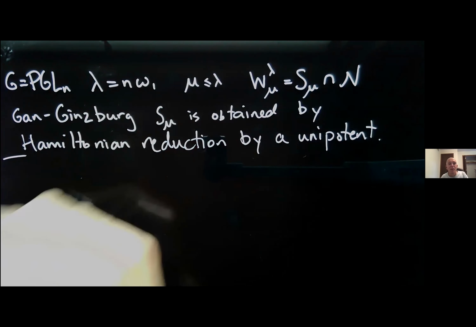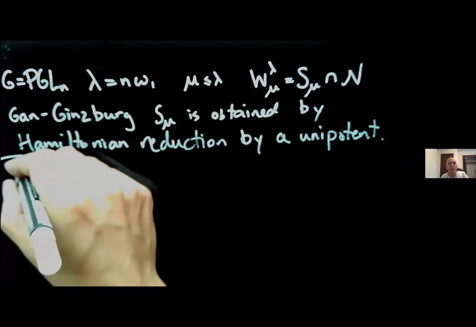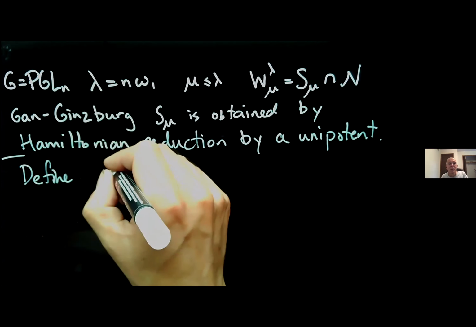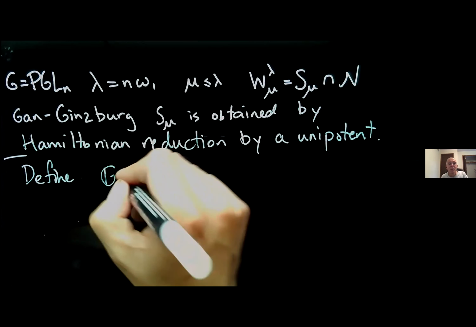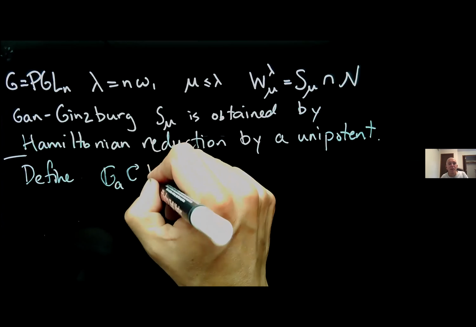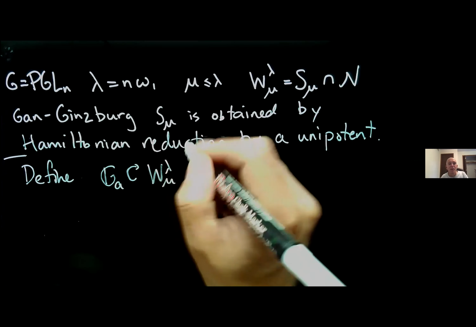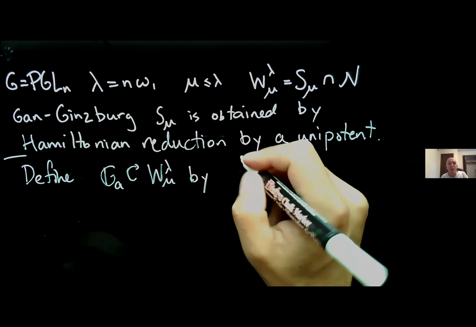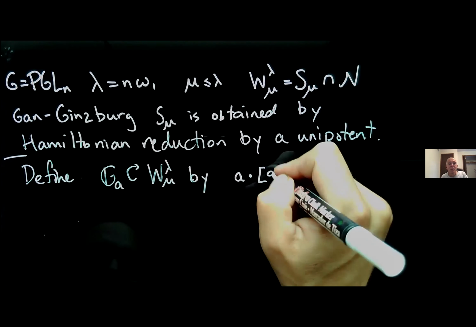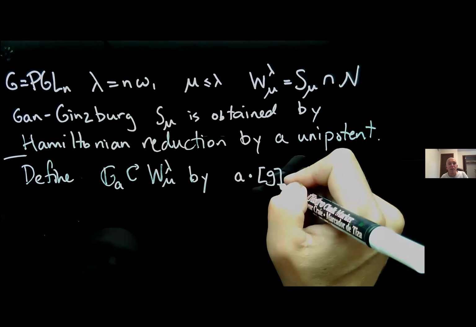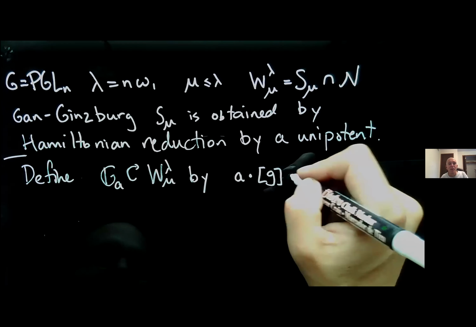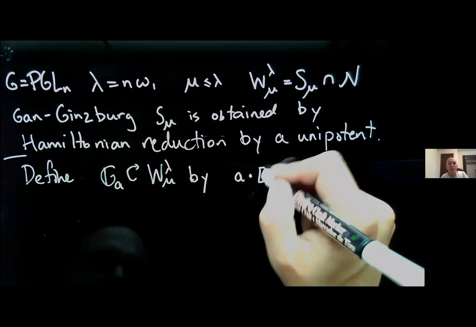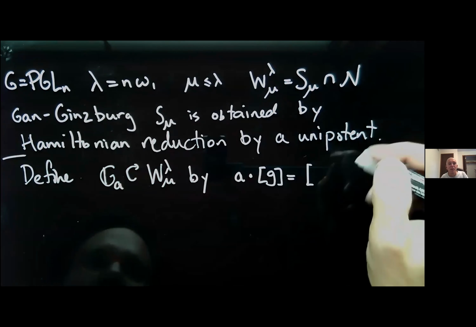So we define an action of G_a, the additive group, on any W lambda mu by a simple formula. We take some a, a complex number, acting on [g], an element in the affine Grassmannian which happens to be in my W lambda mu, where the brackets denote the equivalence class in the quotient by G(O).